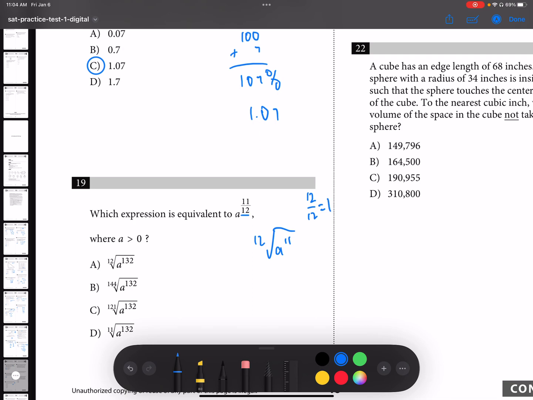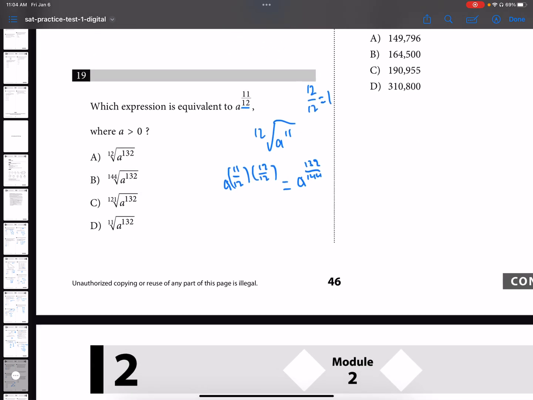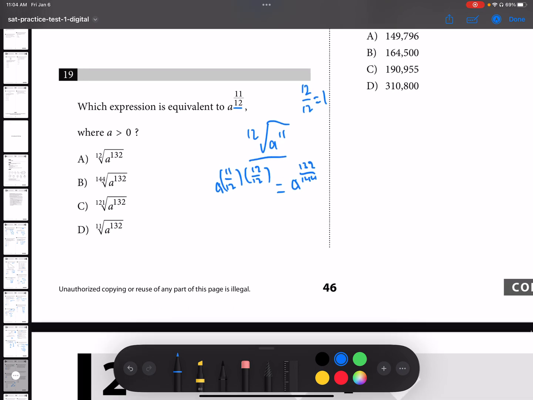Because of that, we're going to multiply a to the 11 by 12 times 12 by 12. That should give us a to the 132 over a to the 144. When we're given that, we write it in this form. That'll give us the 144th root of a to the power of 132. So our answer would be B.